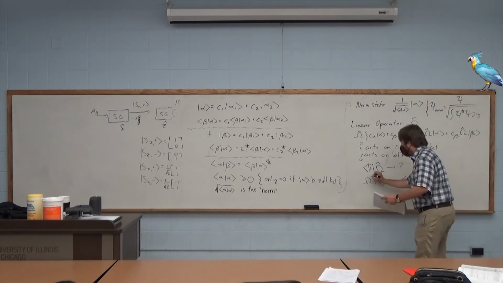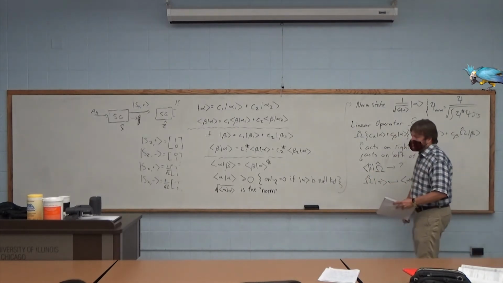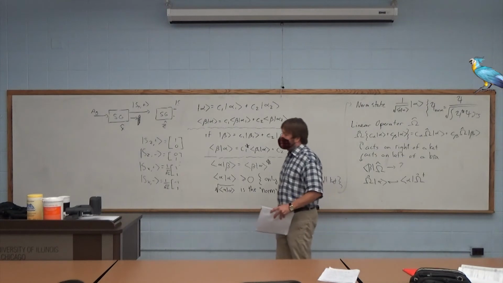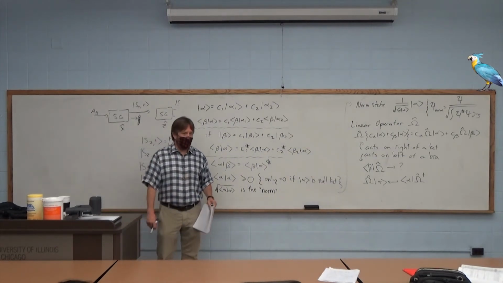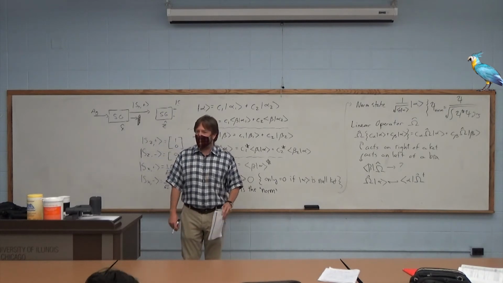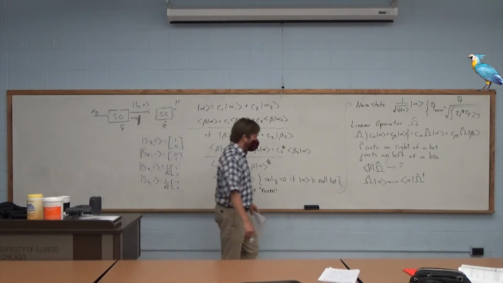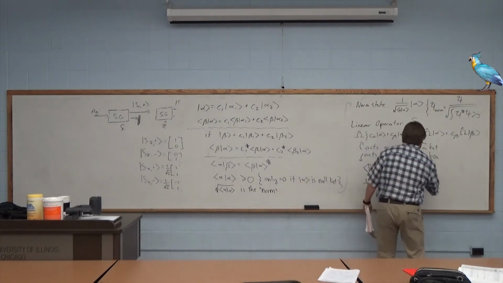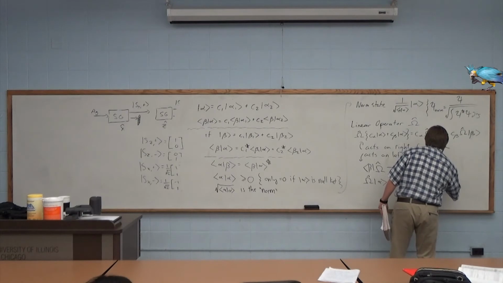Okay, that is a cross. It is not a star. You want it to be a star because that's a complex conjugate. It is not a star. It is a cross. Okay, this is called the adjoint.